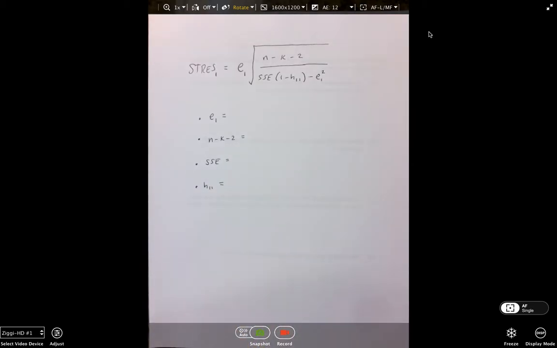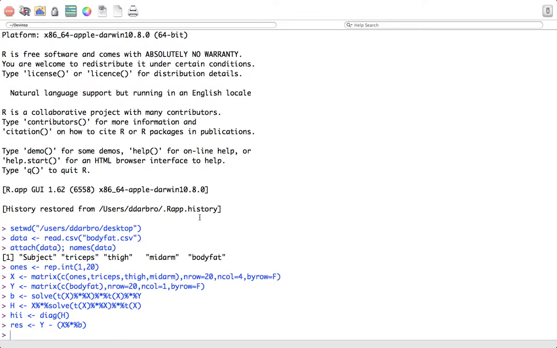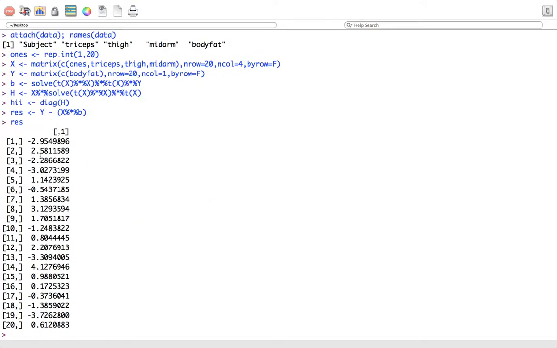So if I can get all that, I'm going to be in pretty good shape to calculate the standardized residual for the first observation. So we can go over here and we can clearly get that information. I can just get the residual for the first observation. I'm going to go out 3 places on this. I'm going to call that negative 2.955.